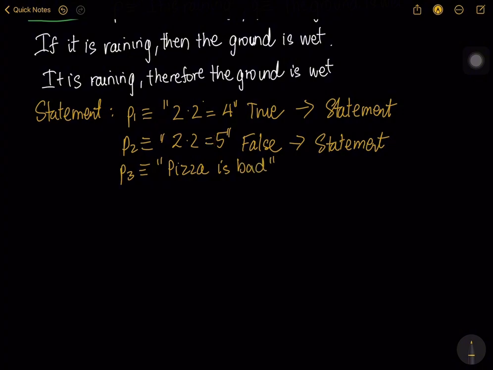Is it true or is it false? We don't know, right? Some people think it's good, some people think it's bad. It's an opinion, right? It's not a statement. You don't know if it's true or false. You can't get an answer right away. So it is not a statement.